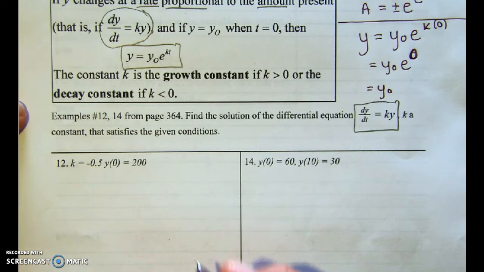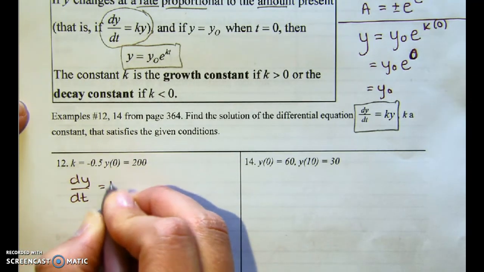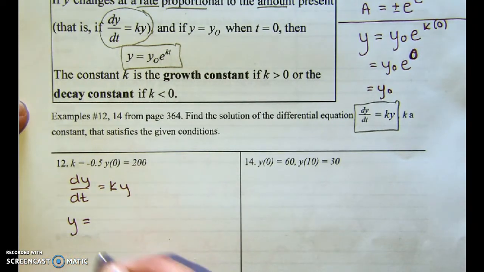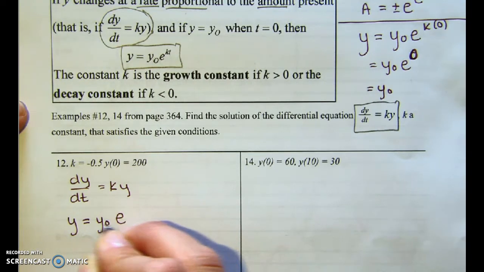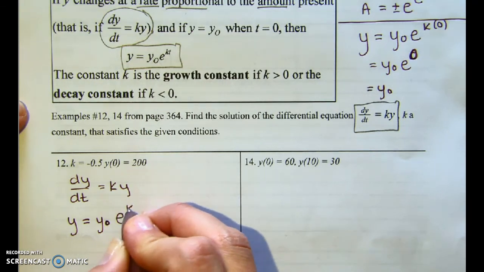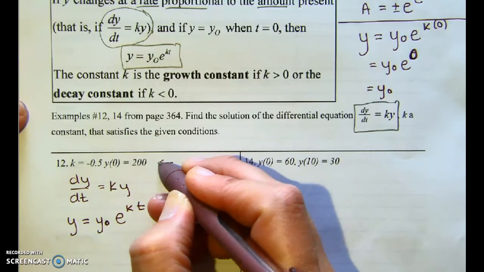Ready? Get set. So we know dy/dt equals ky, which automatically means you get to write y equals y naught e to the kt. Y naught means the initial amount. It's a little o, not a 0. Now this was the given information.